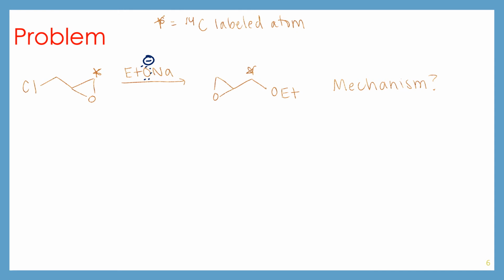So that's kind of a big hint there as well. But this is going to be an SN2 reaction where the epoxide is the electrophile. And in this case, it's this carbon-14 labeled atom because this is the least substituted carbon, and this is an SN2 reaction. So it's going to attack here, and that's going to cause this ring to break open.